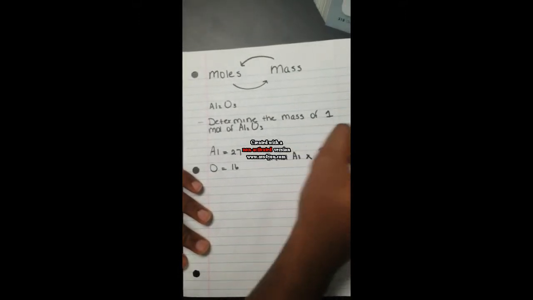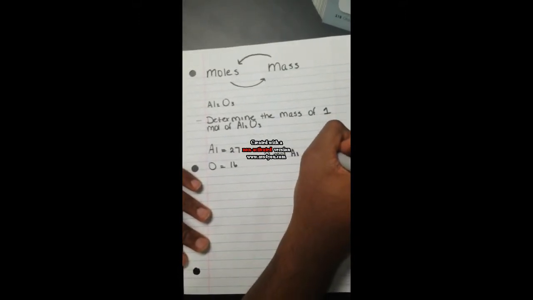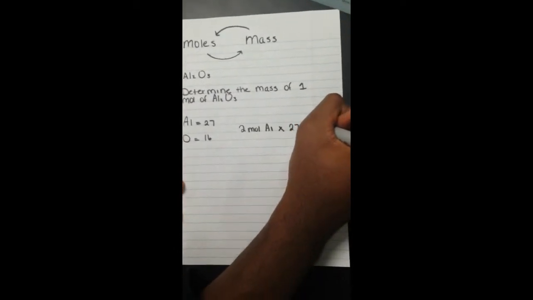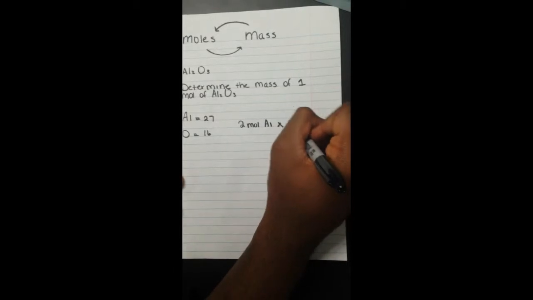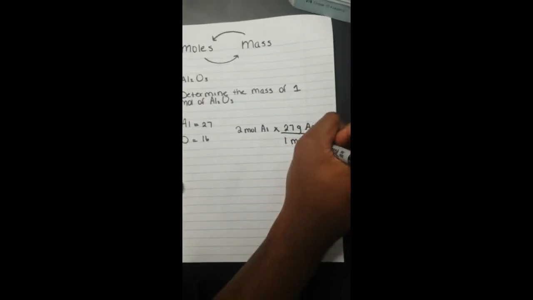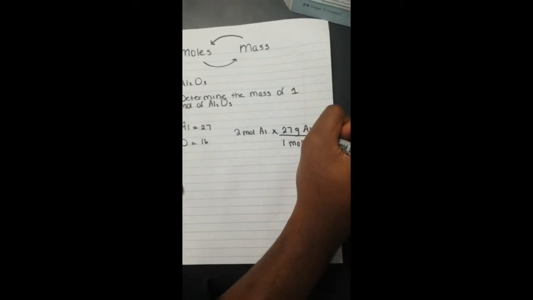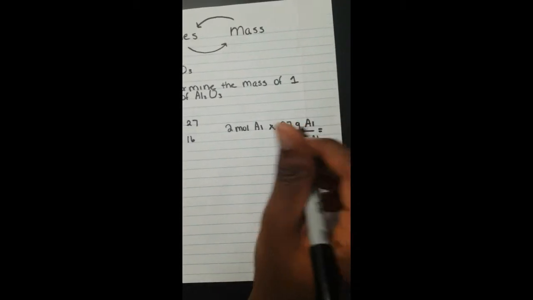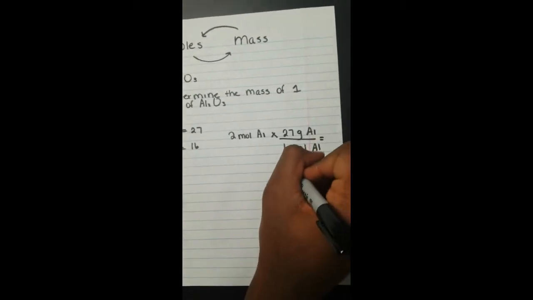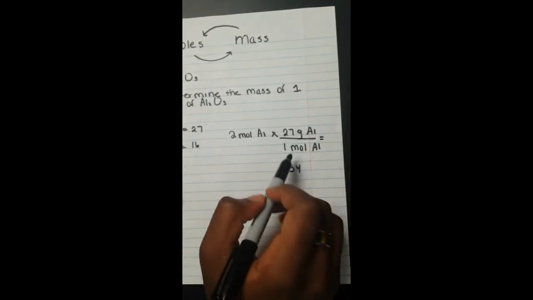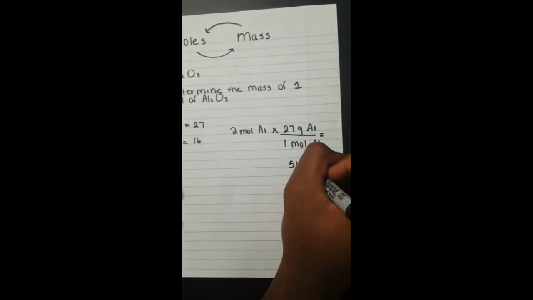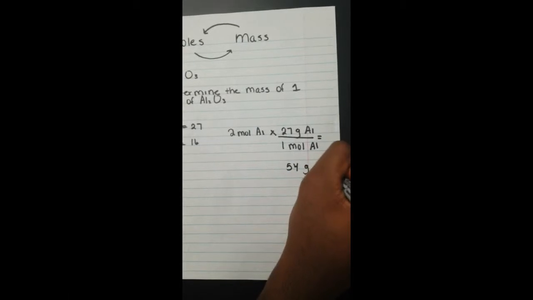You multiply that by the atomic mass, and you divide that by 1 mole. Two multiplied by 27 gives you 54, and since there's the 1 at the bottom, the answer stays the same. So that'll give you 54 grams of aluminum.